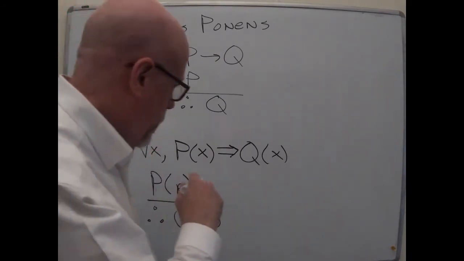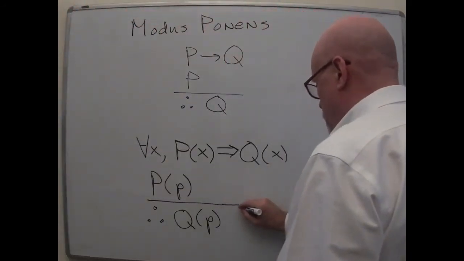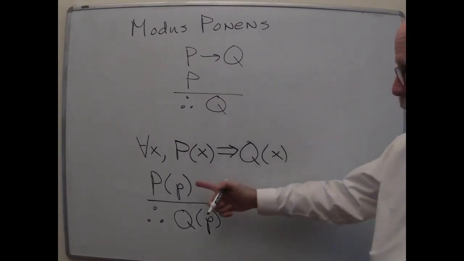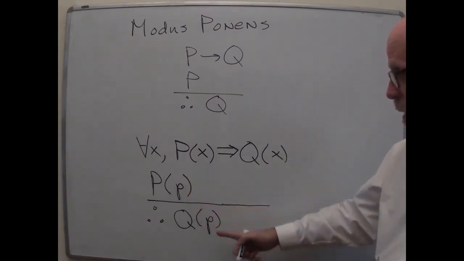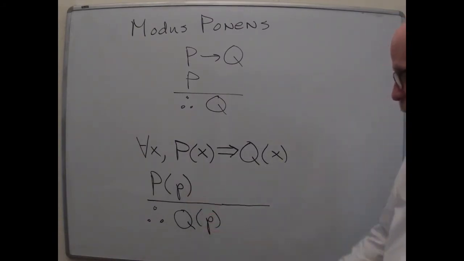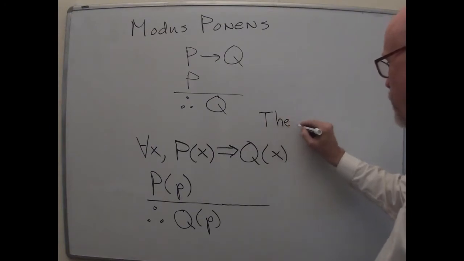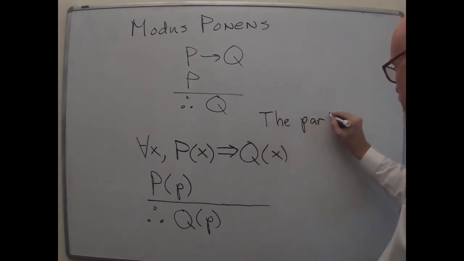So what we've just created there is a version of modus ponens that's called the universal version, but there's a subpart to it because we did a particular thing as the minor premise and as the conclusion. So that means what we've got here is the particular form of universal modus ponens.